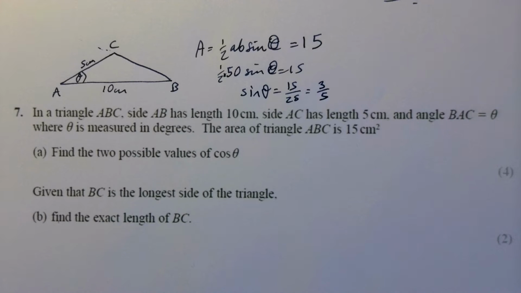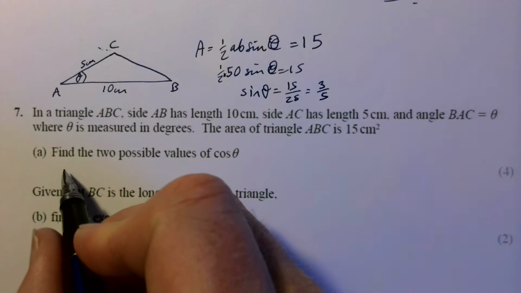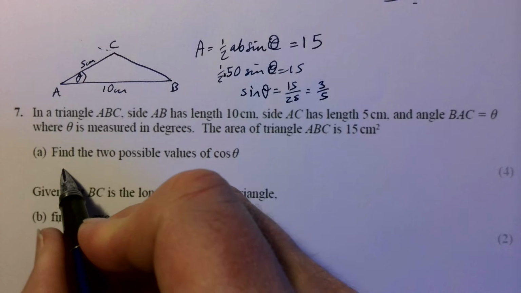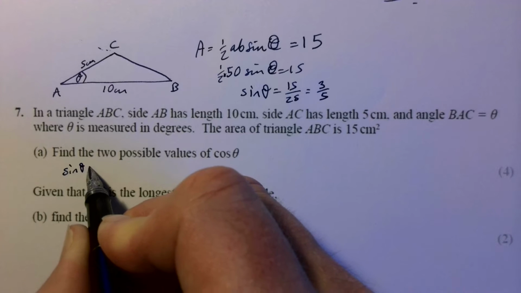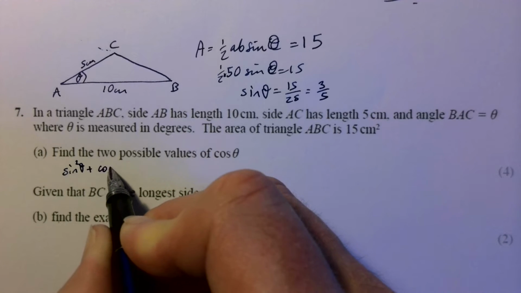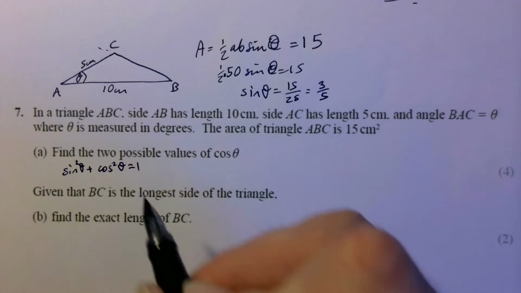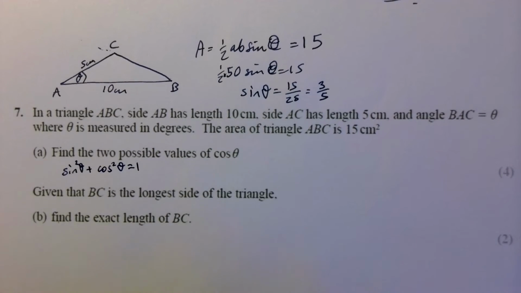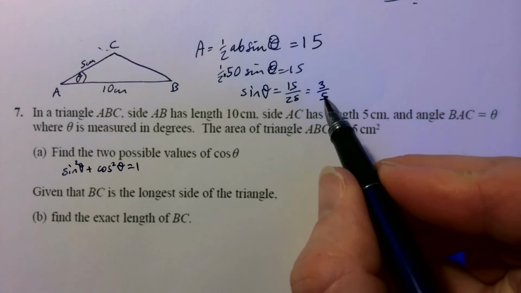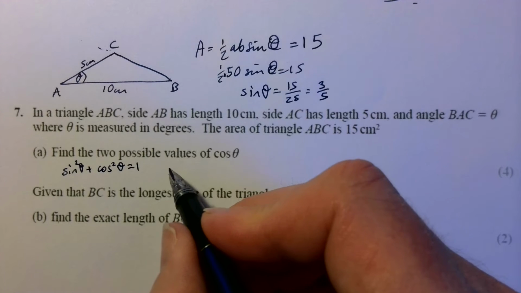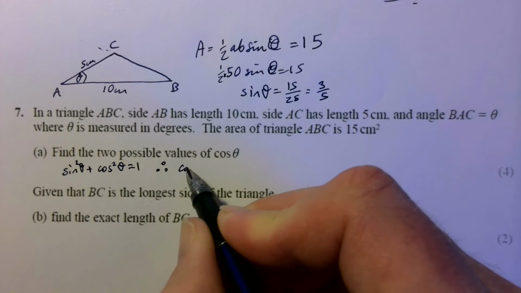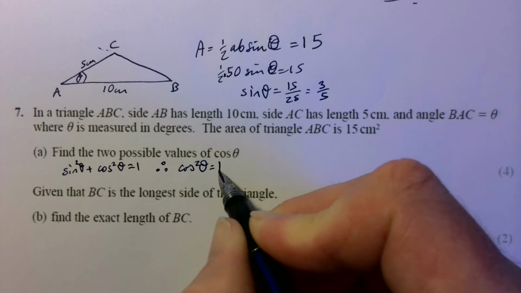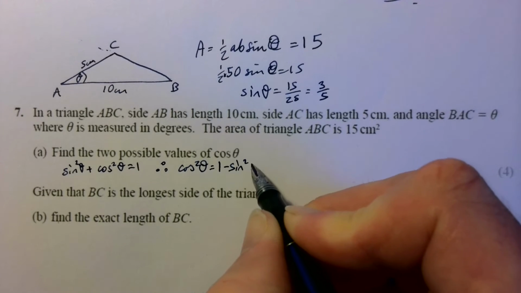Well, this comes about thinking about our trig identities, and we know the daddy of the trig identities is that sin squared theta plus cos squared theta equals 1, and we're going to use that here to say that therefore I know that cos squared theta is 1 take sine squared theta.